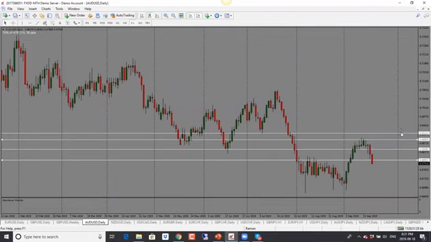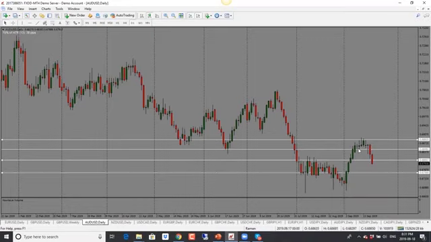Aussie dollar here, bias is to the downside, looking for price to drop further. For the last several days, price had been trading in the range. We finally broke out of the range today, and already price has dropped quite a bit. Today's candle close was bearish. So bias would be bearish here, but part of the move seems to have happened already. Overall bias is bearish and looking for price to drop.